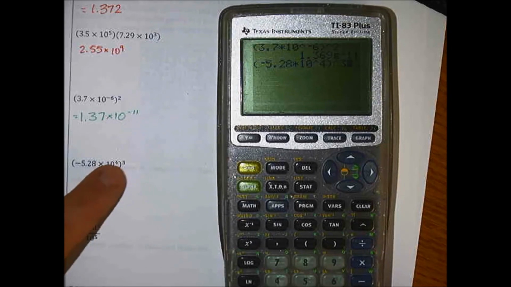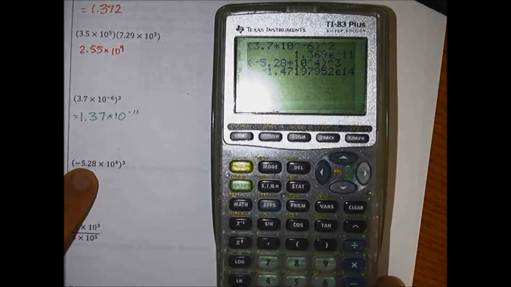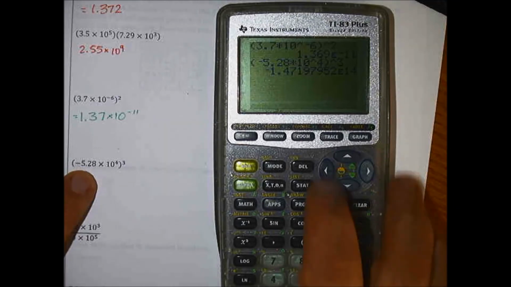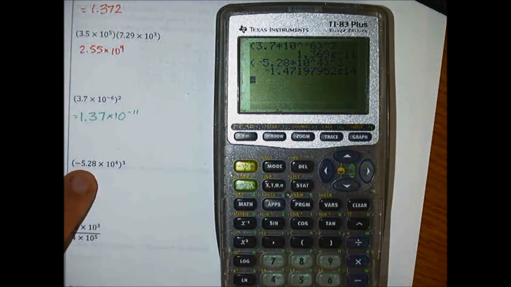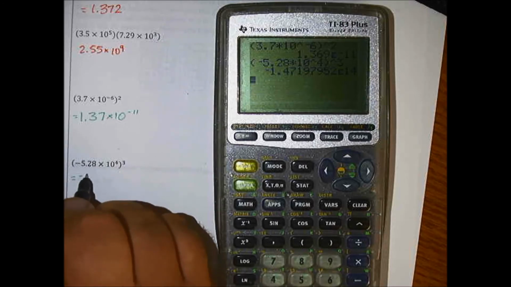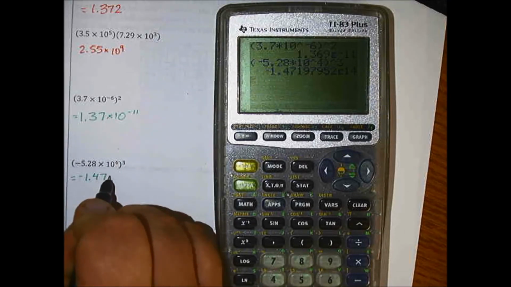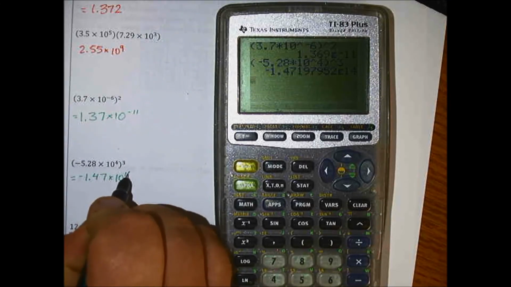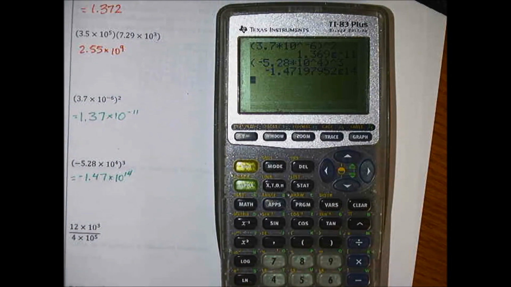And probably a little bit more because we also have to raise that 5 to the 3rd power too. So I'm going to say it's probably the 14th power. And it is. Round it to the nearest hundredth. So 1.47. And that's a negative. Times 10 to the 14th power.